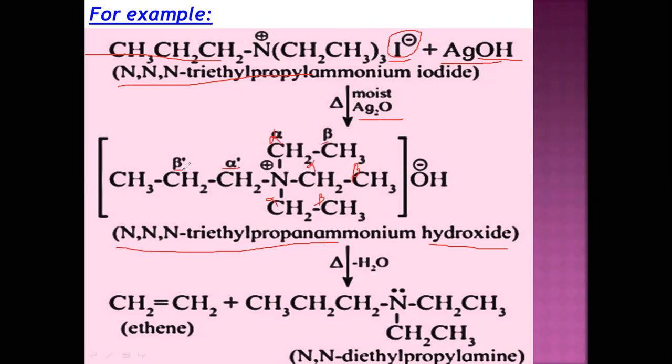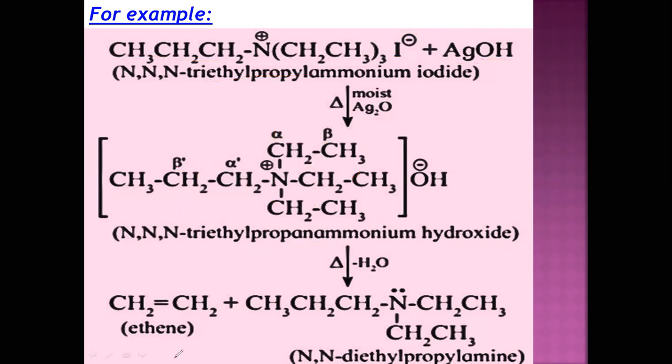But our major product is the less substituted alkene. So if a hydrogen atom is abstracted from here, from this one, a double bond will form here, right. And if a hydrogen atom is abstracted from this carbon instead, the double bond is obtained here. So which one is the less substituted alkene? This or this? This group forms the less substituted alkene.